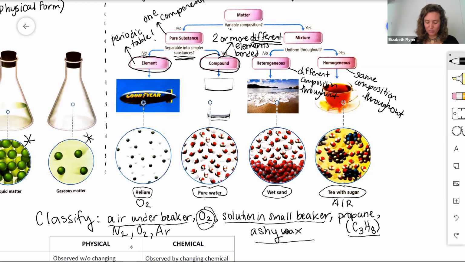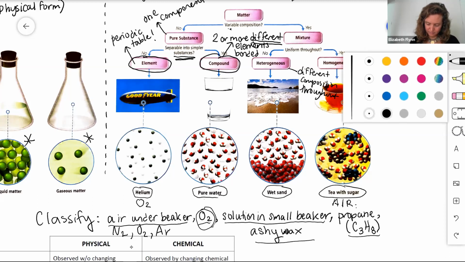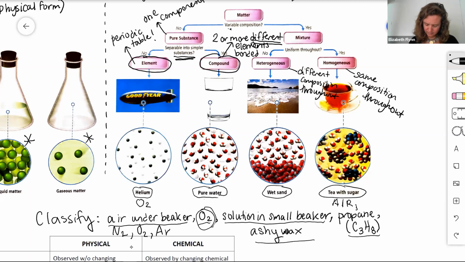So it's a homogeneous mixture. So solutions are all homogeneous mixtures. That's a definition of a solution. So whenever we see a solution, we know it's homogeneous.